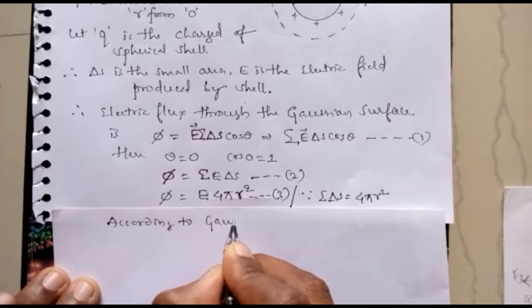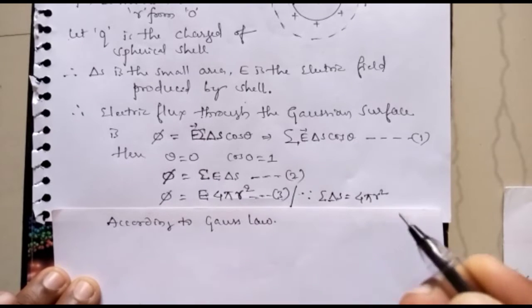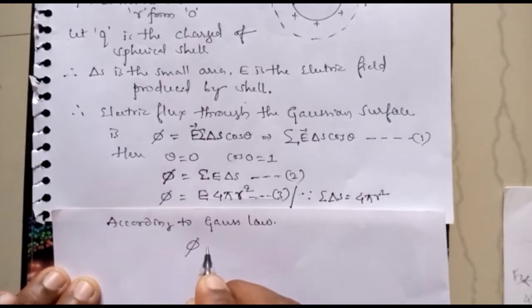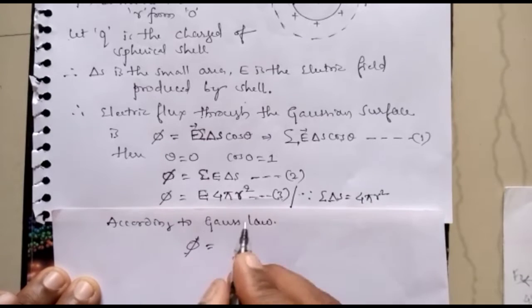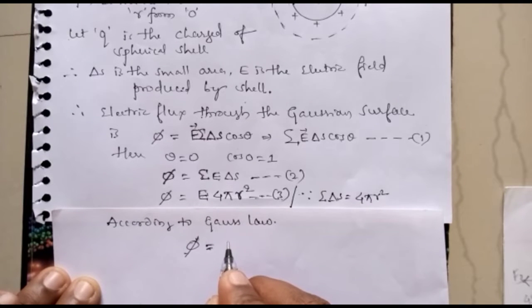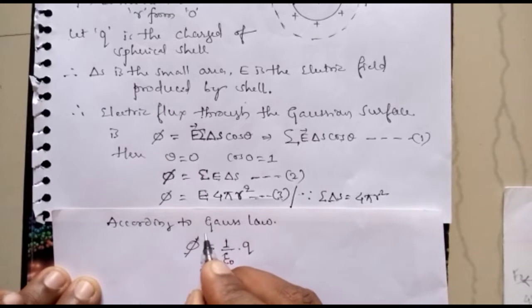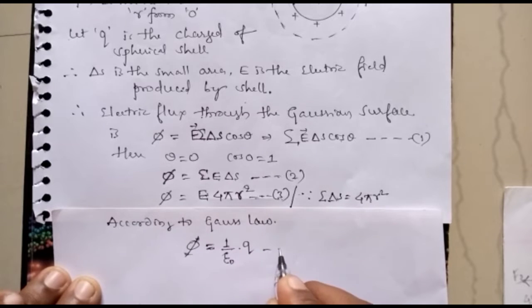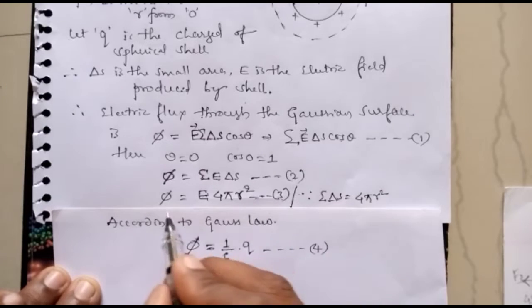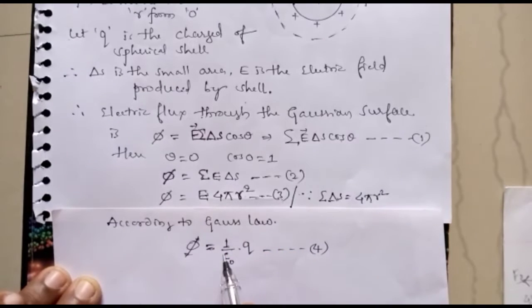The statement of Gauss law is that the electric flux through the closed surface is 1 by epsilon naught times the charge enclosed by the surface. This is the electric flux according to Gauss law. Let us recall equation number 4. Now here phi equals something, and there phi also equals something.